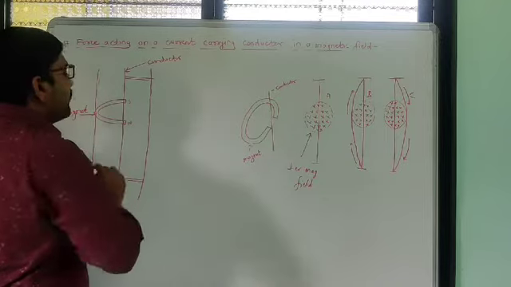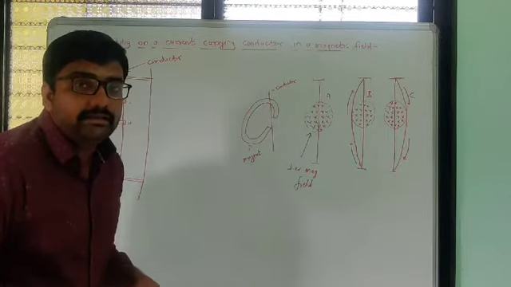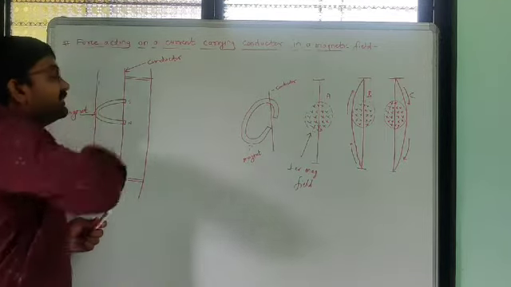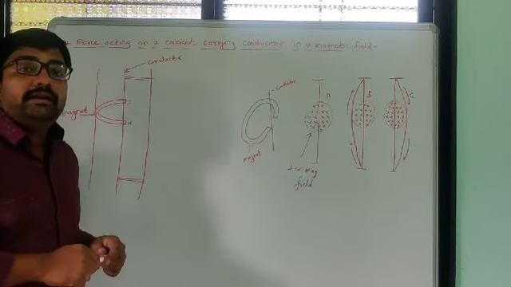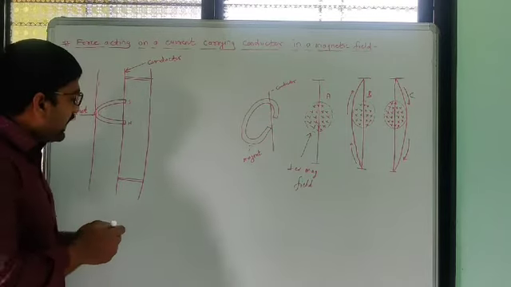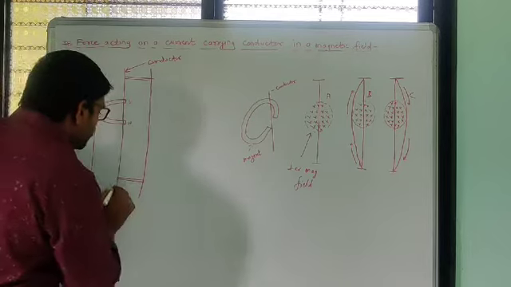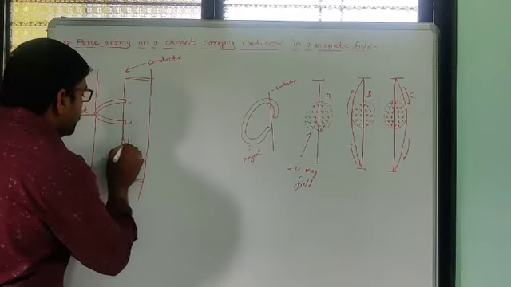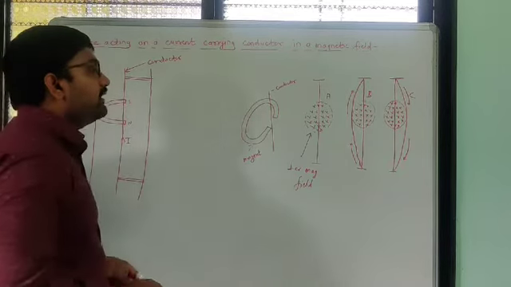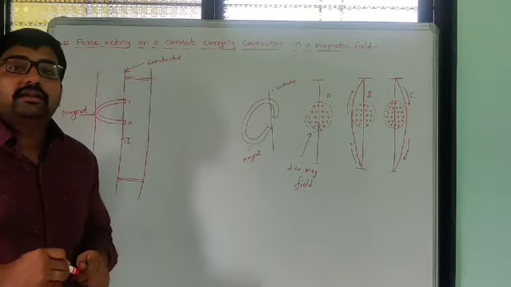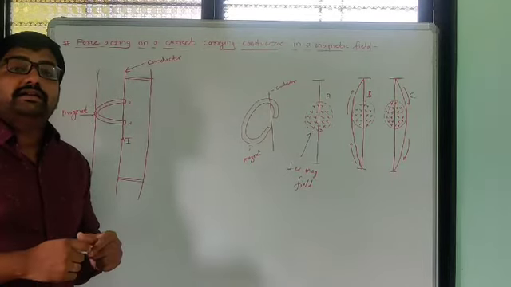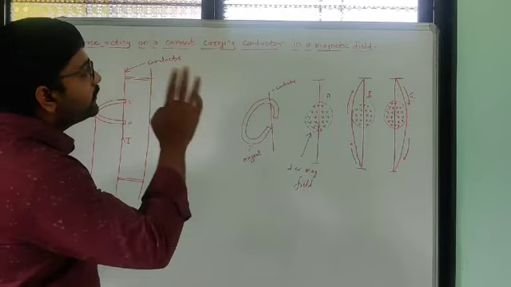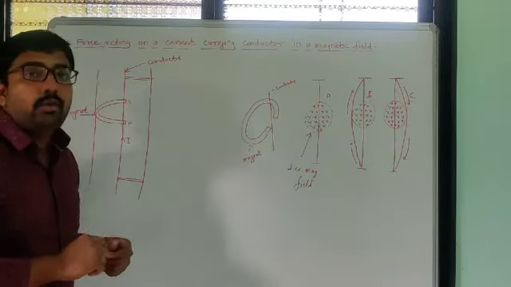We know that there is a magnetic field around a magnet, so we place this conductor in the magnetic field. As we pass electric current through it, a force will act on that wire.